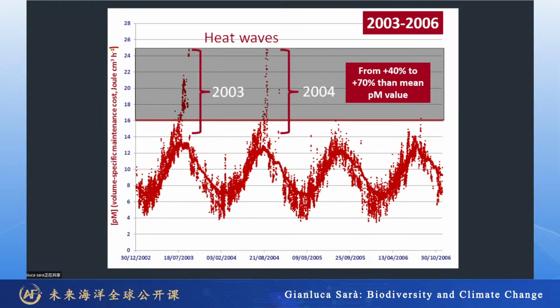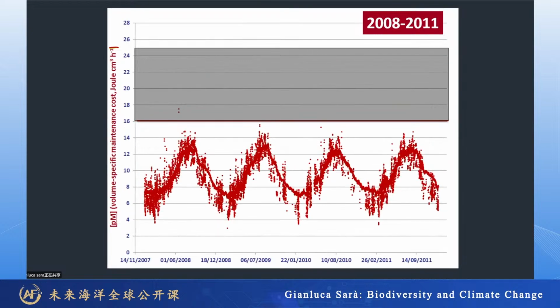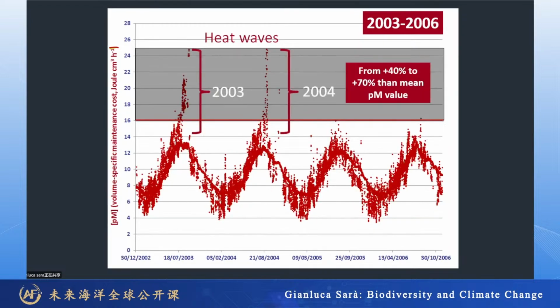Here, what we did, I used the DEB model with the temperature series without spikes. Later, I ran the model again for 4 years with spikes, and the result was 40 to 70% more metabolic maintenance energy spent.